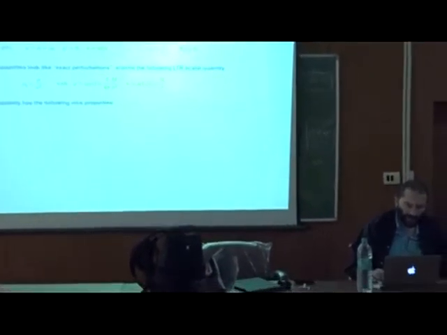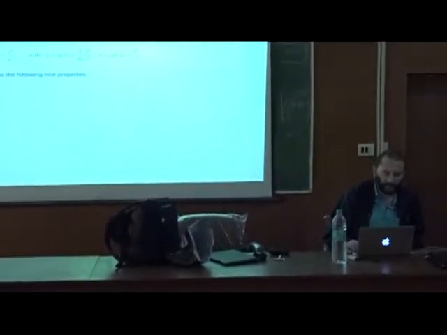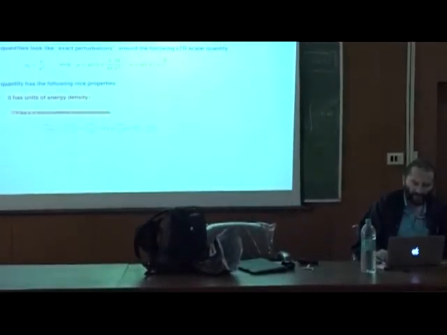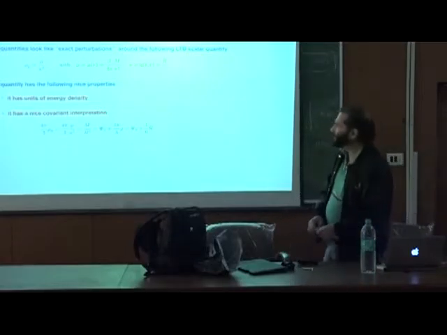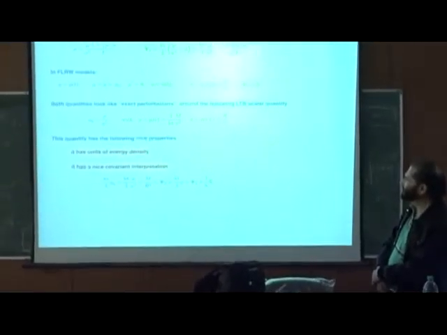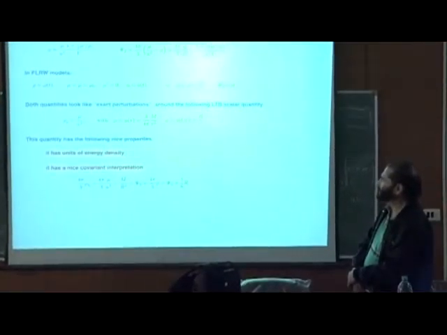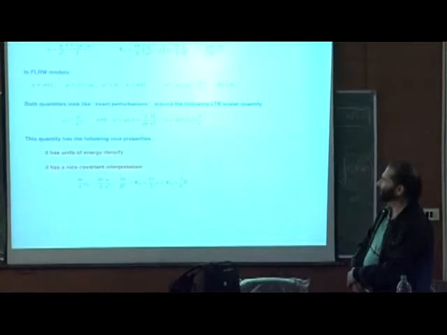And this quantity, this rho q, has very nice properties. For example, it has units of energy density, and it also has a nice covariant interpretation, because this quantity rho q is mu divided by A q, and it is m divided by r cubed, and it is the sum of the psi 2 scalar times 4 pi over 3 times rho.